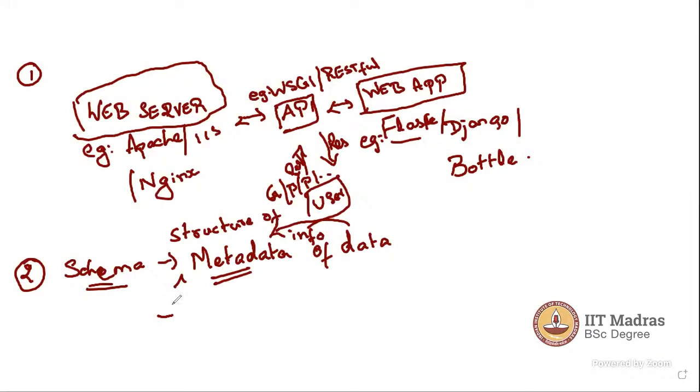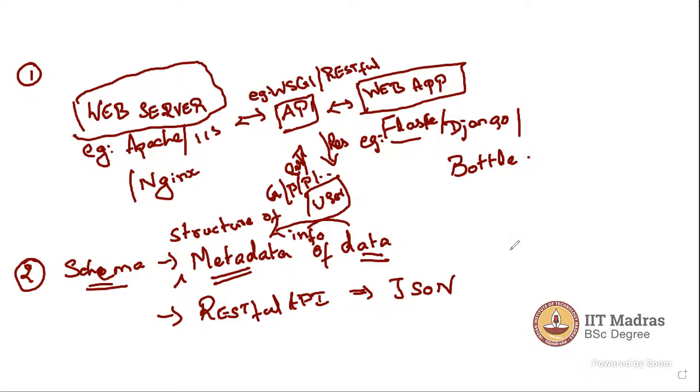And now coming back to our RESTful API, in this RESTful API we are using the schema which is known as JSON schema, right? Which is JavaScript Object Notation, which is available by default in RESTful API. So we are using this JSON schema to represent how the data is represented. Since we are specifying a schema, it represents the metadata of the data, right?